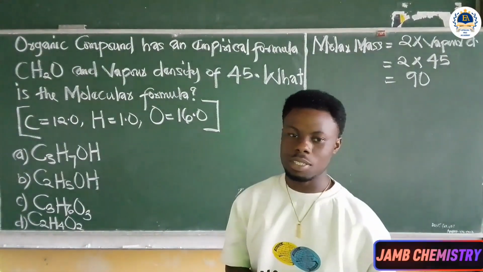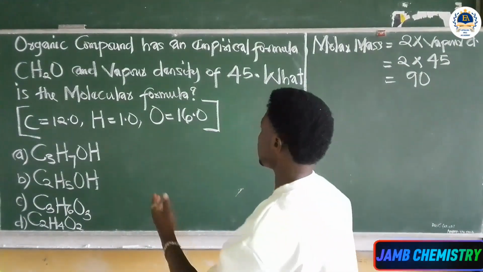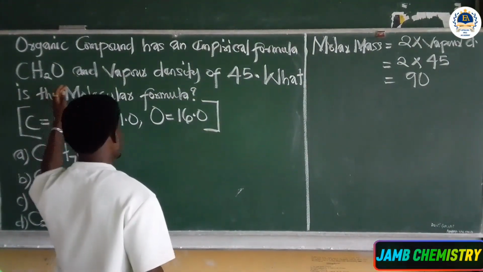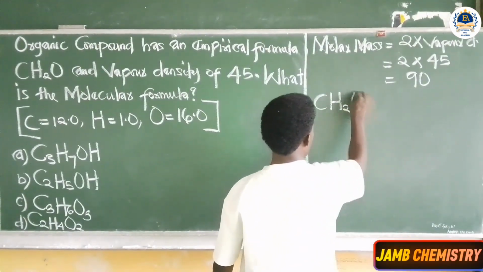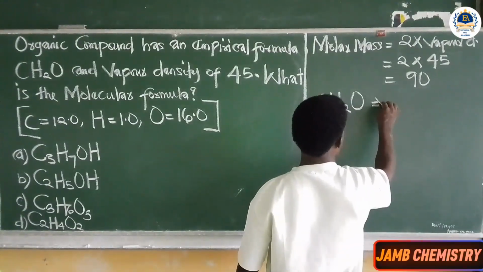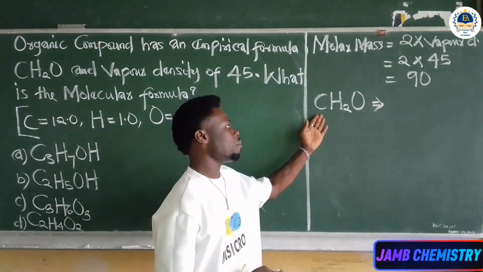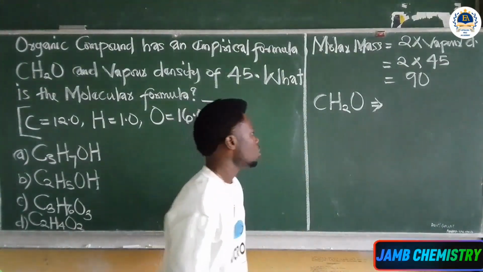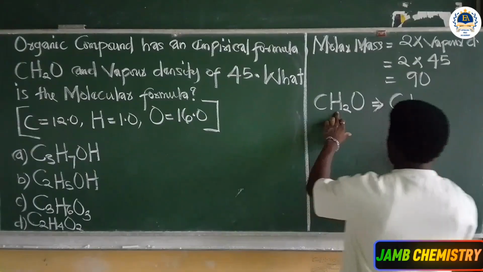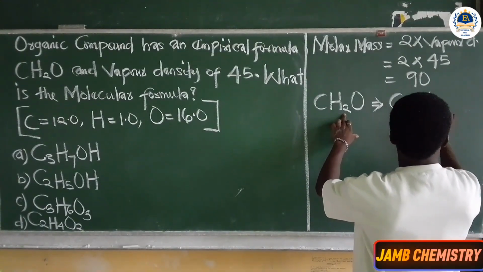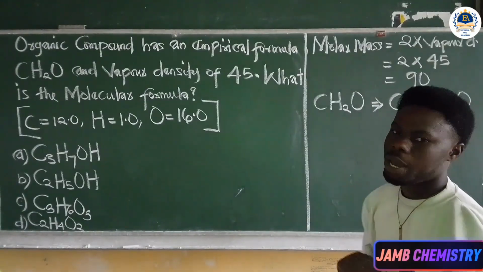Now the next thing is to determine the molar mass from the empirical formula given on the board. So the formula is CH2O. Now to get the molar mass, we are going to add each of the respective masses of these elements given in the compound. So we have C plus H2 plus O. So the next is to substitute their masses.